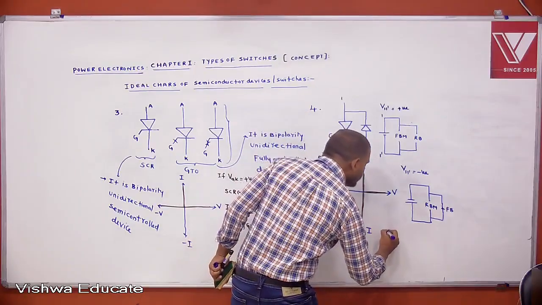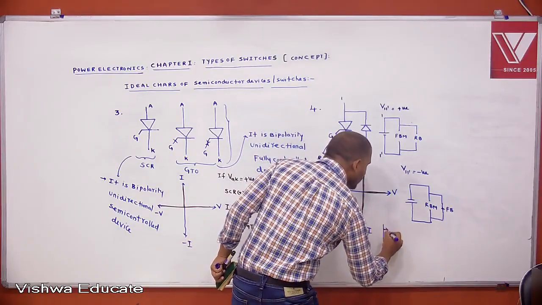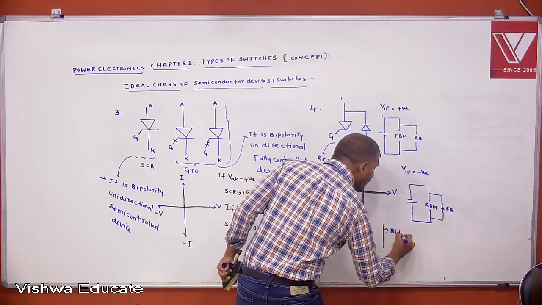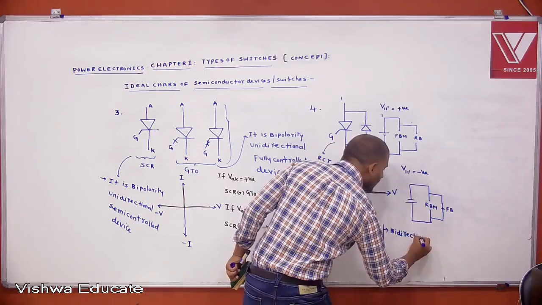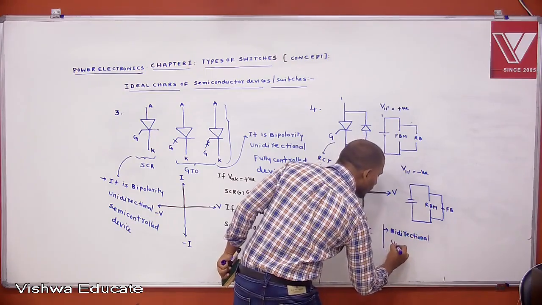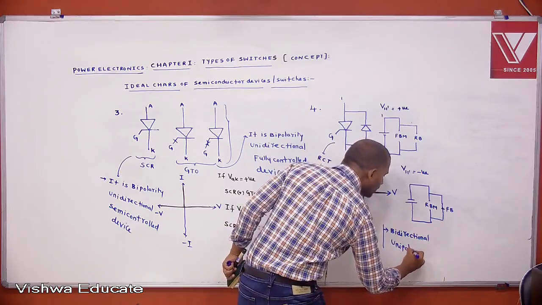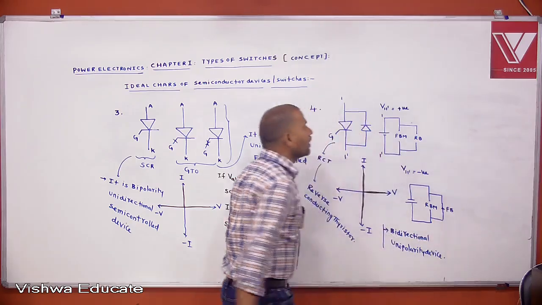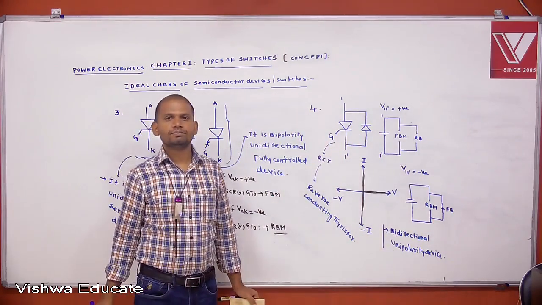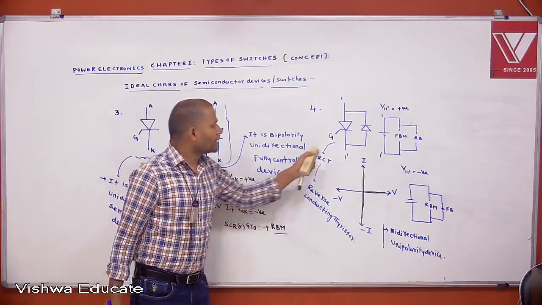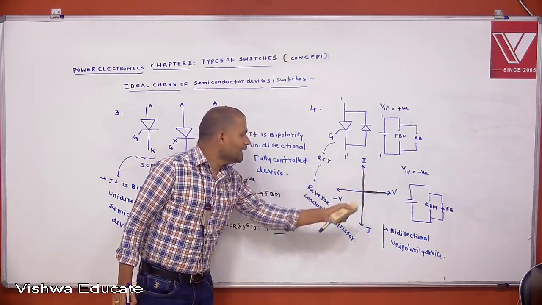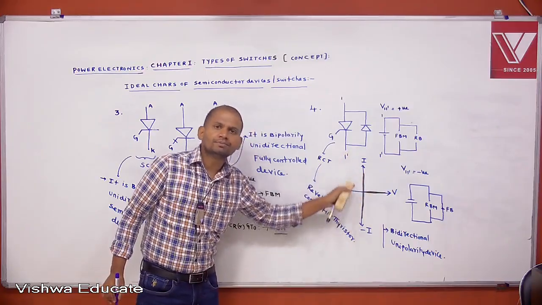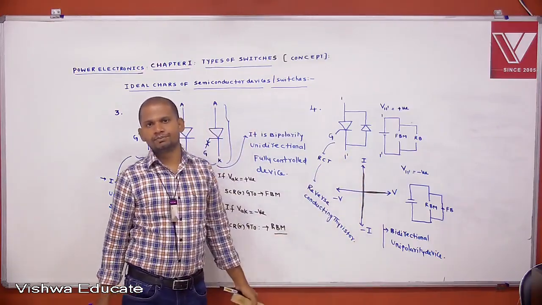This is the example of a bidirectional unipolarity device. The RCT blocks one polarity of supply and allows both directions.